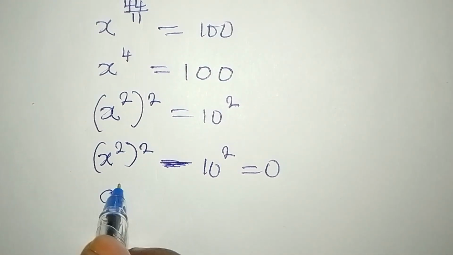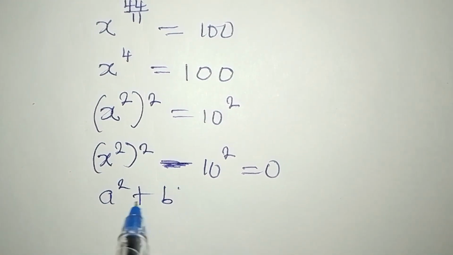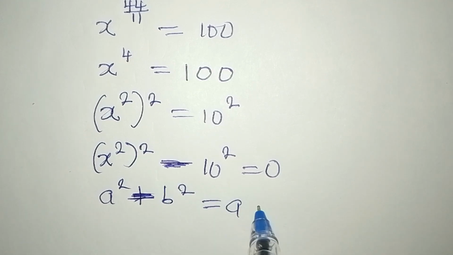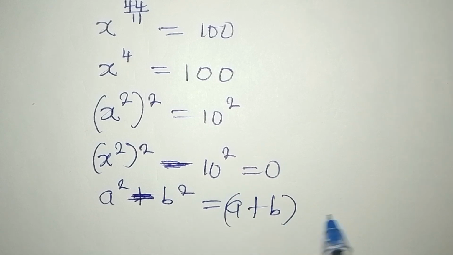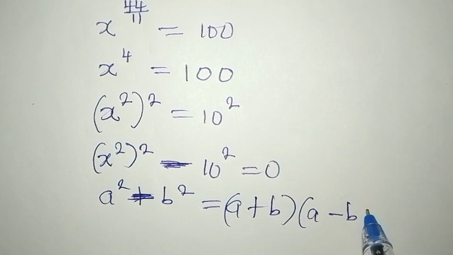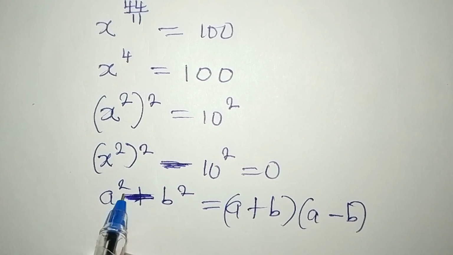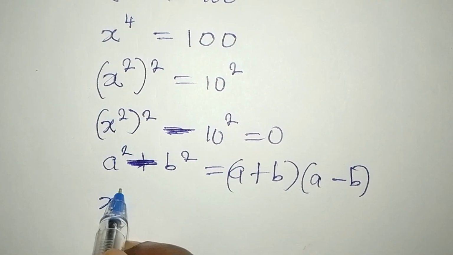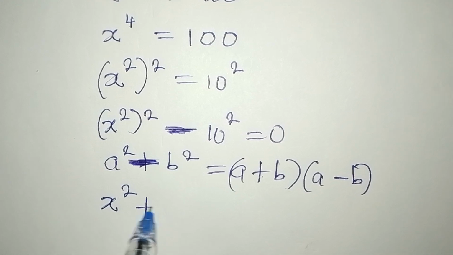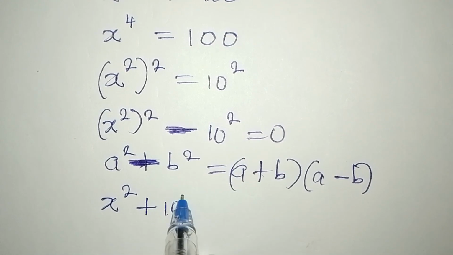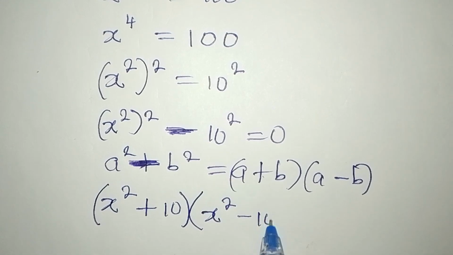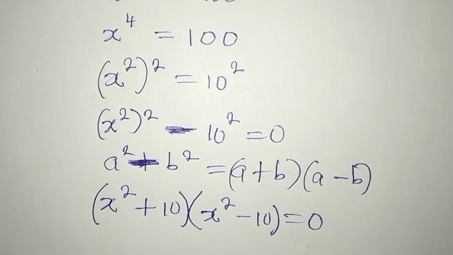If you have a squared minus b squared, it's going to be equal to a plus b into a minus b. This is called difference of two squares. So I'm going to have x squared plus 10 in the first bracket, and in the second bracket we have x squared minus 10 equals 0.